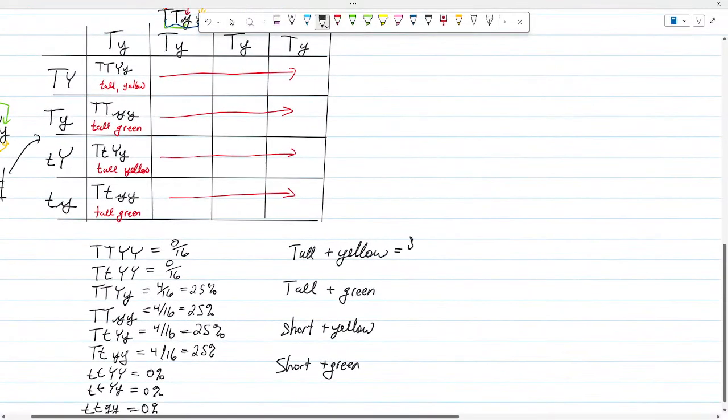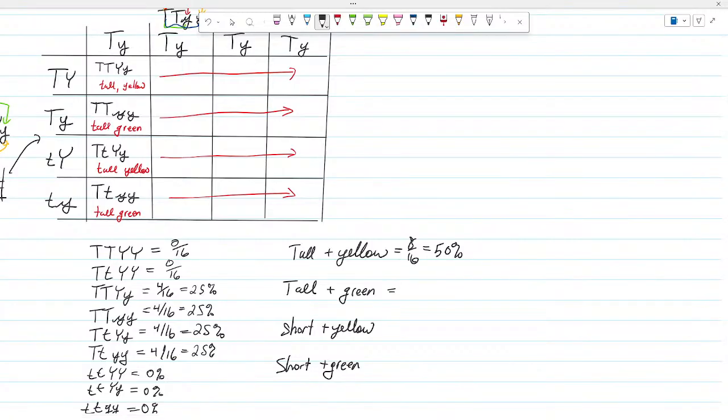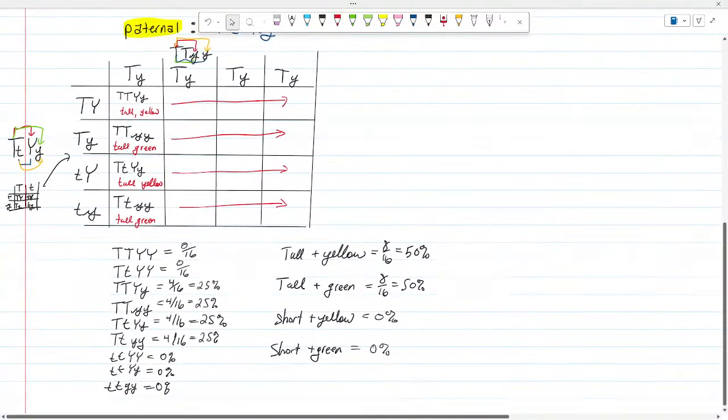Yeah, 8 out of 16, which is 50%. How many are tall and green? Yeah, 1, 2, 3, 4, 5, 6, 7, 8. 8 out of 16, which is 50%. And how many are short and yellow? 0. How many are short and green? 0. Cool. That's pretty complicated, right?